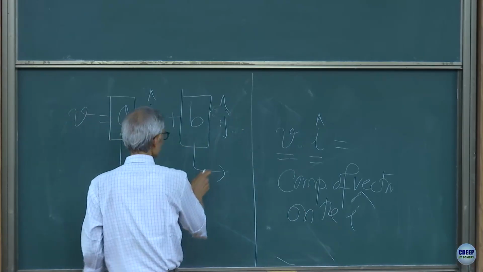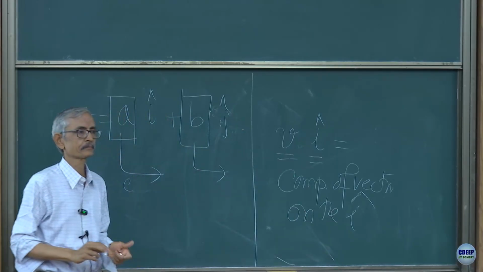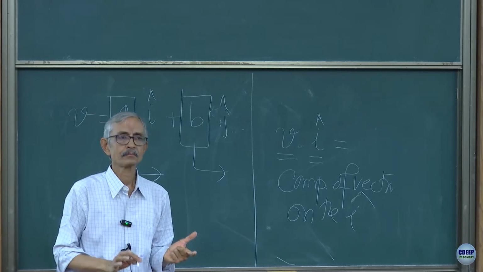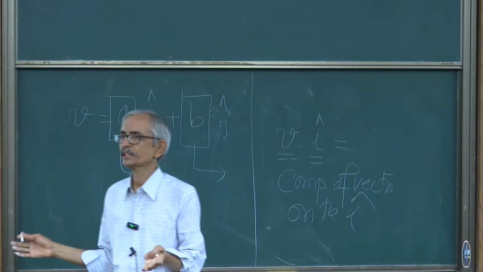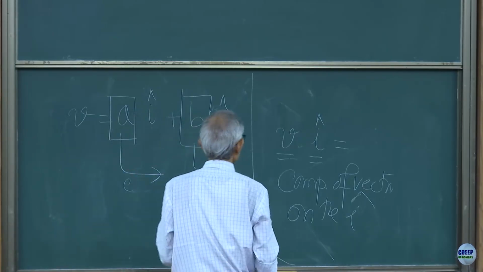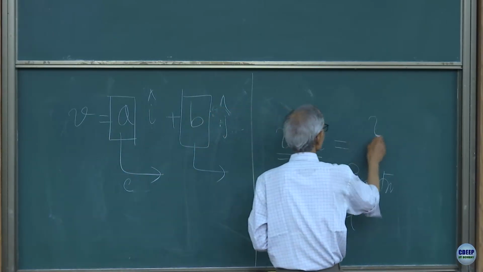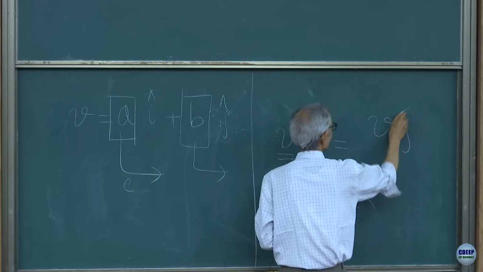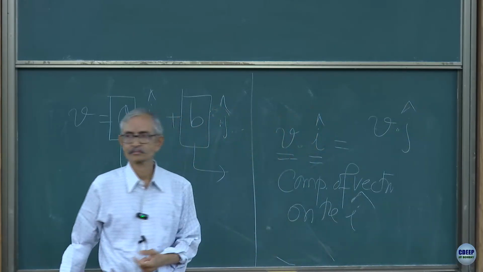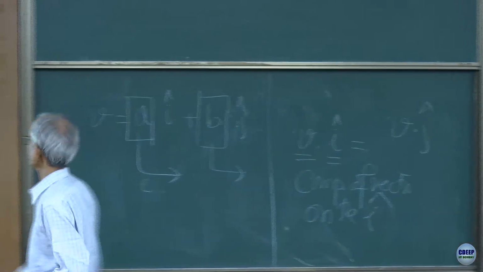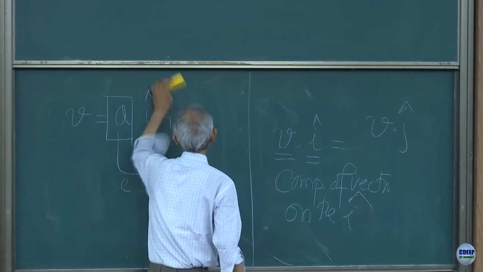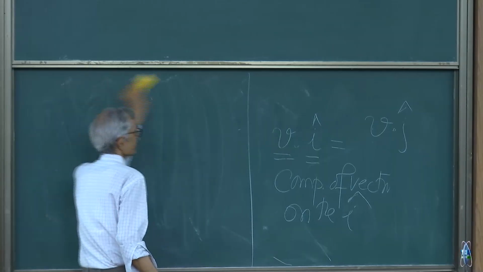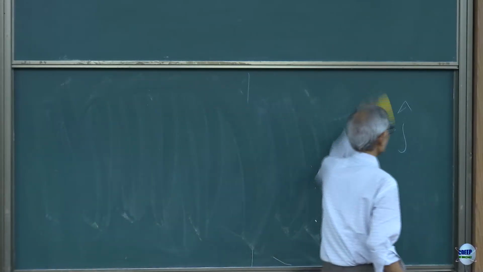Similarly, therefore, what would be B? B would be the component in the J direction, or the vector product of the vector V with J. Okay. All right. So let us now say that I've got a general vector which is 3, 4, 5.